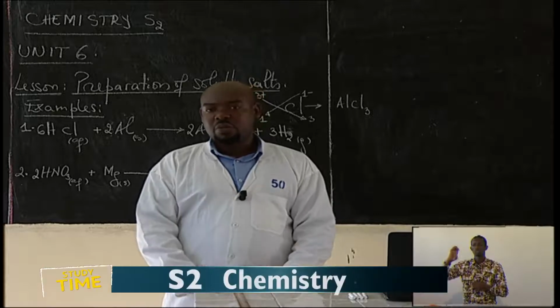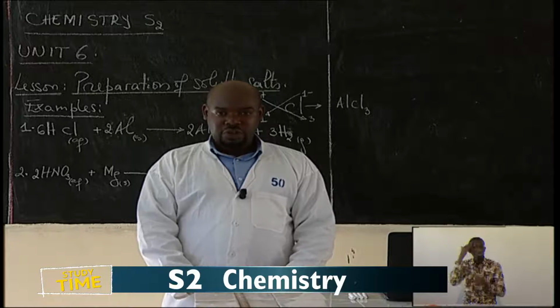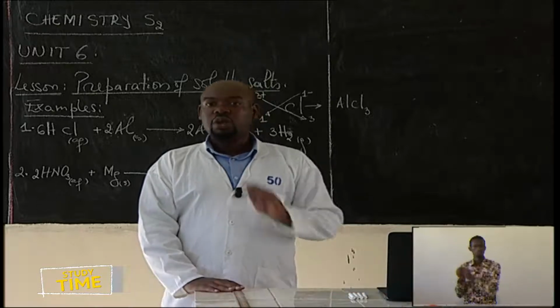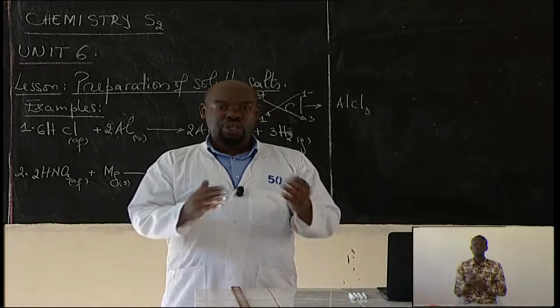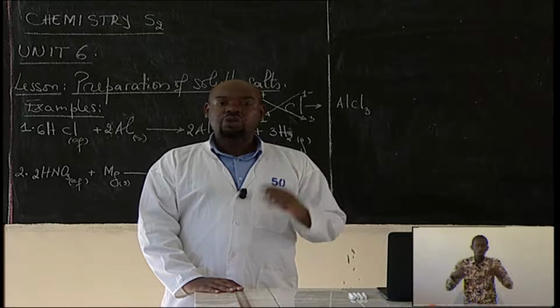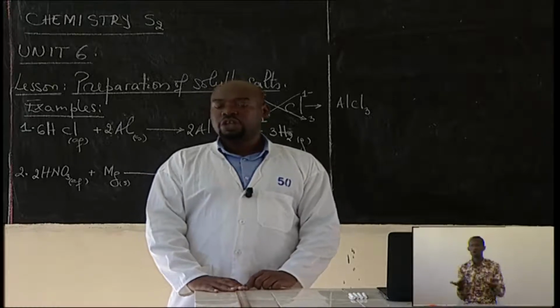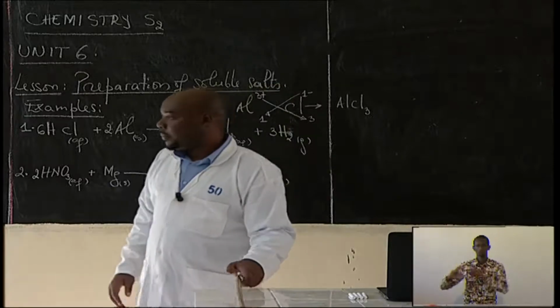If we don't remember how to write molecular formulas, it will be very difficult for us to write these equations and balance them. So you should keep on revising how to balance equations and how to write the formulas of compounds.